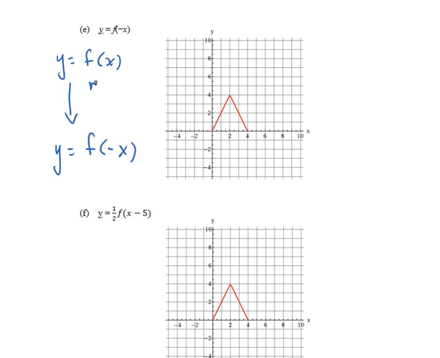We're going to reflect horizontally over the y-axis. So (2, 4) will go to (-2, 4). (4, 0) will go to (-4, 0). (0, 0) again stays at (0, 0), because when we take -1 times 0, we get 0 again.